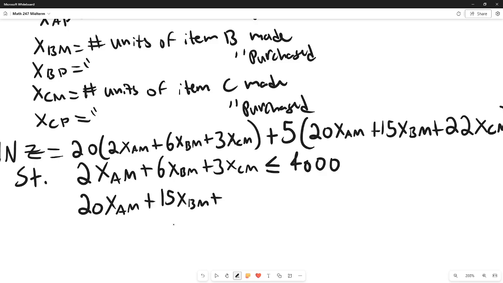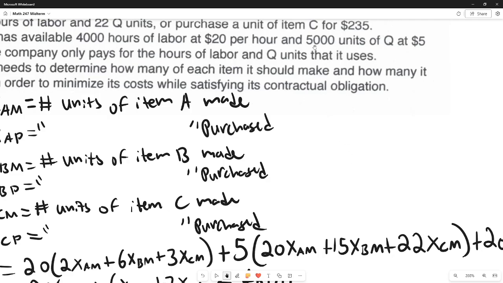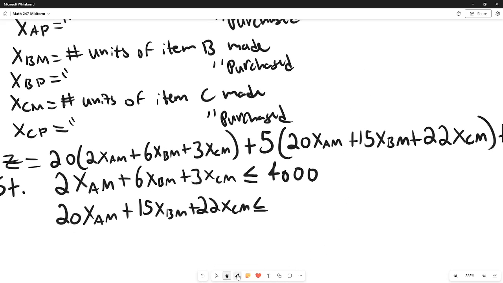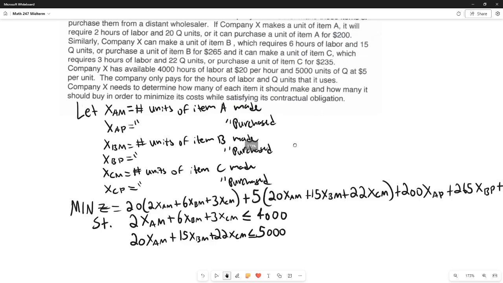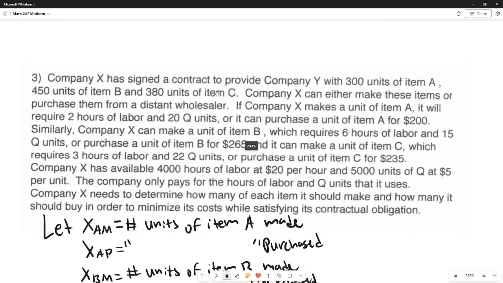And then for C, it's 22. So 22 XCM. And remember, we said that we have 5,000. So here, we're going to put 5,000. Okay. And at this point, you might think, oh, okay, we're done. We're not done. Because we have one more limitation.